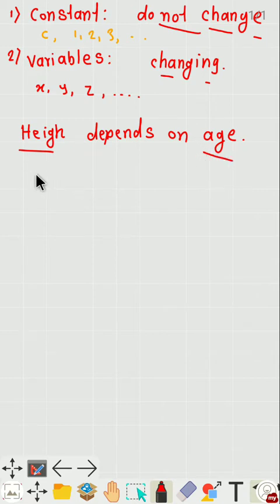If I write a variable y for height and a variable x for age, age does not depend on anything. Therefore, we write y is a function of x, meaning y depends on x.